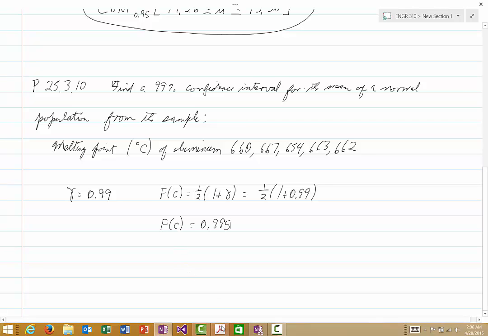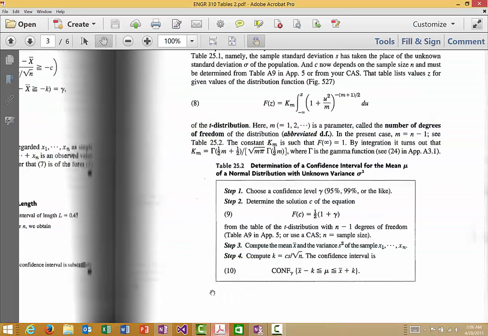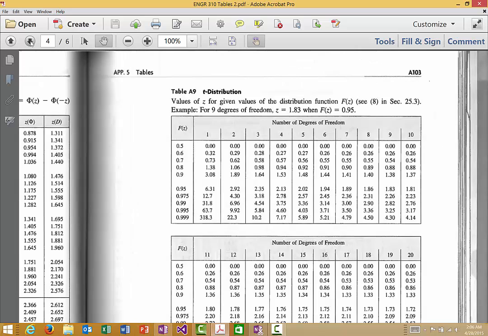And the table that they've told us to look at is this table of the T distribution. Now you can see these values of f of z given. We have 0.995, but what column do we need to look in? Well, the column depends on the number of degrees of freedom. And how is the number of degrees of freedom defined? It's equal to n minus 1, where n is the number of samples.